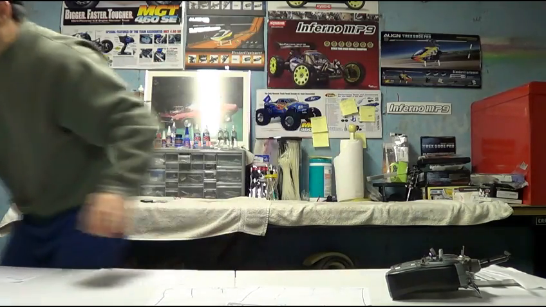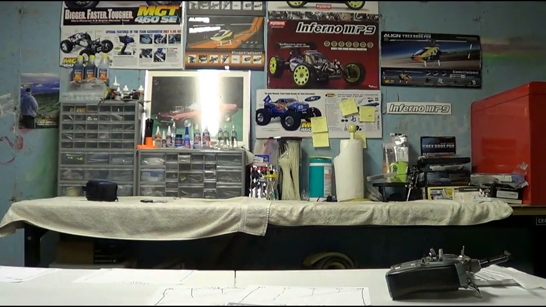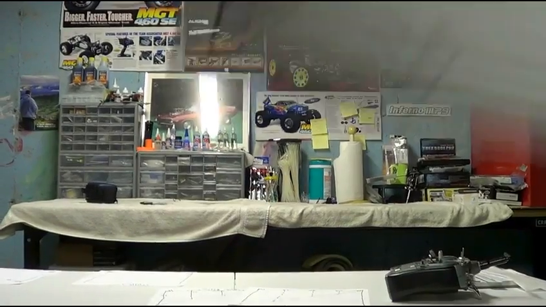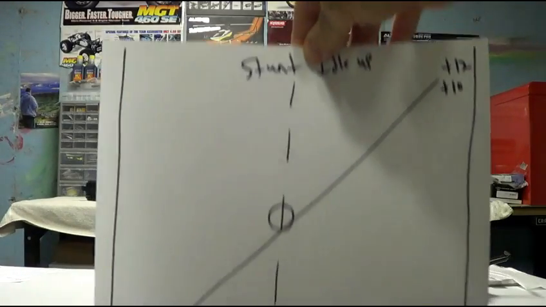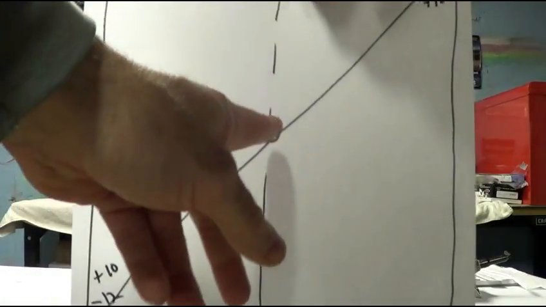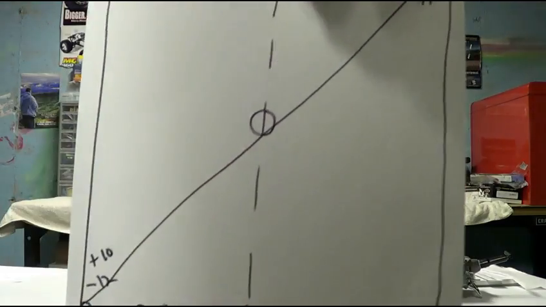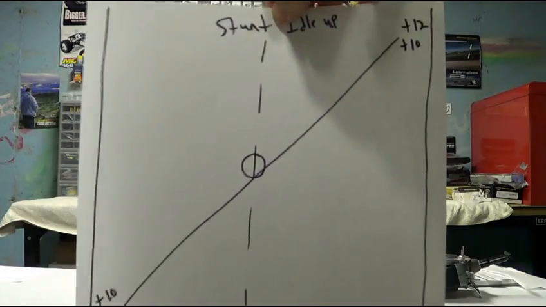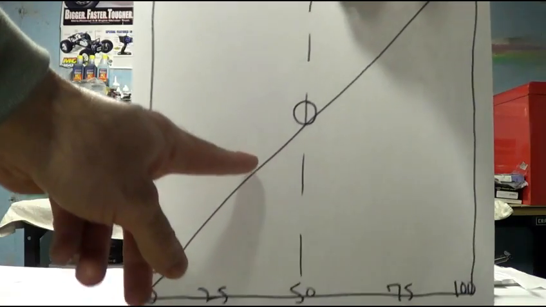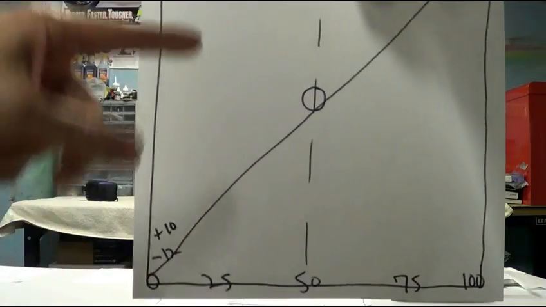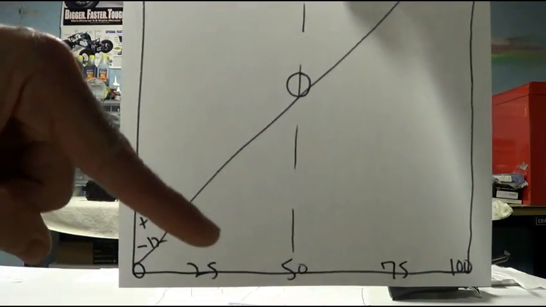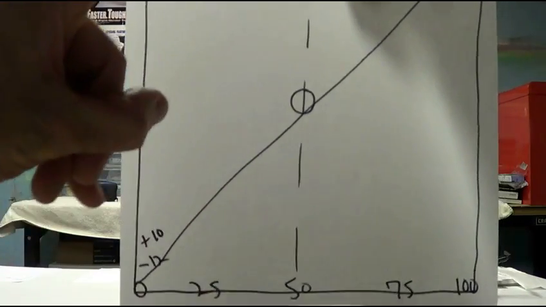As far as the stunt mode, I'll just show you this graph one more time. That is what we were just discussing. This would represent your throttle at mid-stick. You're in the idle up mode, and your servo has the ability to travel all the way down and all the way up.